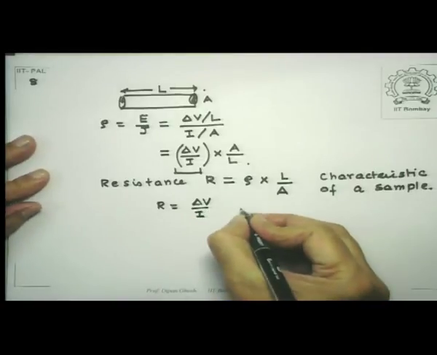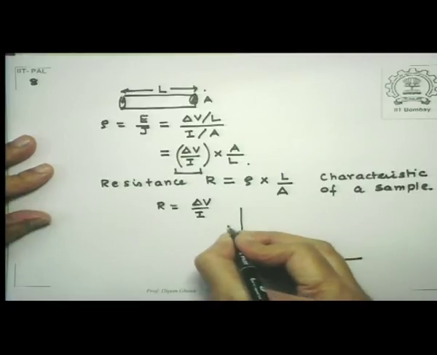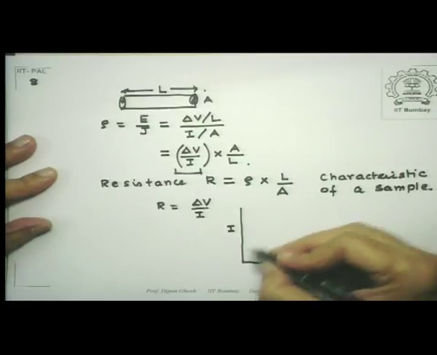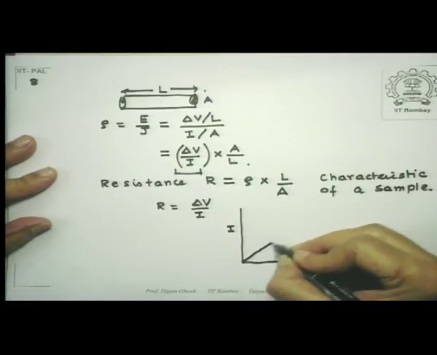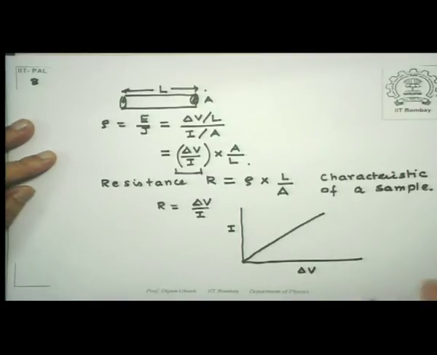If you plot this current as a function of delta V, you find this is essentially a straight line. Now, it turns out that a very large class of material follow this simple relationship, and in fact, most of the time, unless specifically stated, we assume that the conductors with which we work are ohmic material.